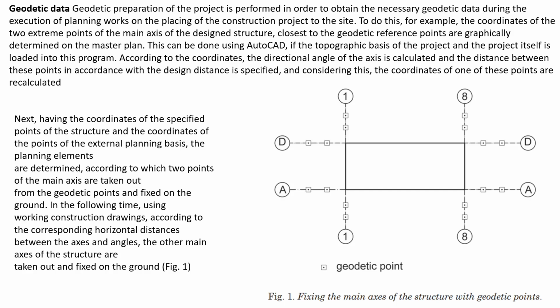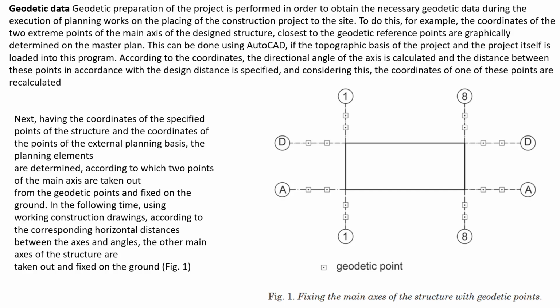Here you can see the principal schema of a building before it is constructed. You can see every main axis of the structure with geodetic points. The direction of this axis must be parallel to the future building.